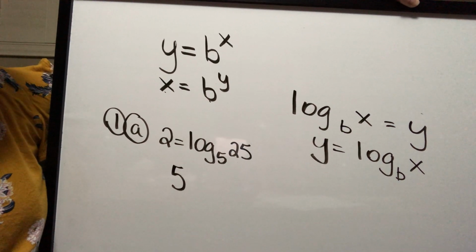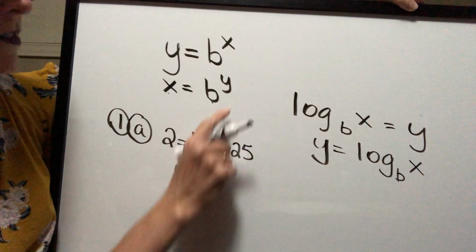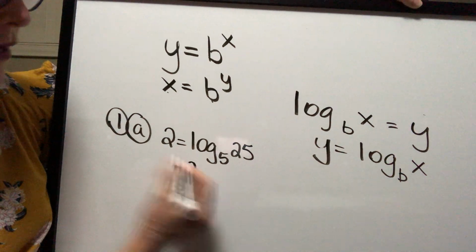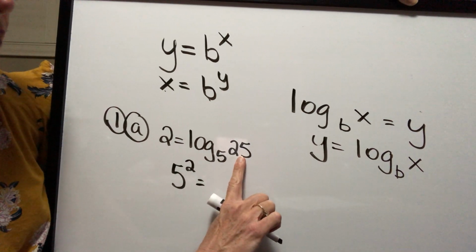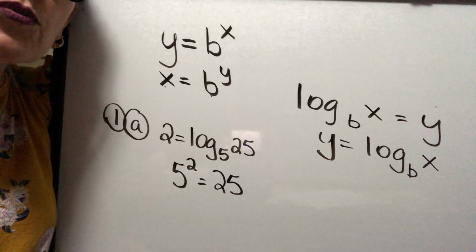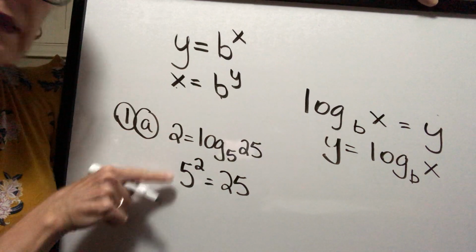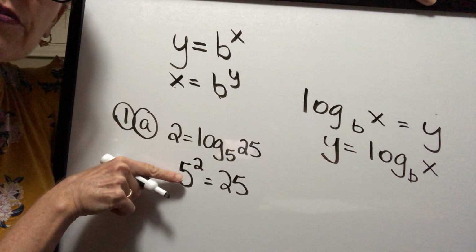The number on the opposite side of the equal sign, the y in either case, is going to be the exponent. So that will be the 2. And then after the equal sign will be the number 25. So it's 5 squared equals 25. These two mean the same thing. It's just that this is called logarithmic and that's called exponential.